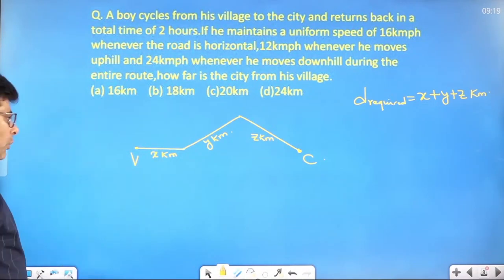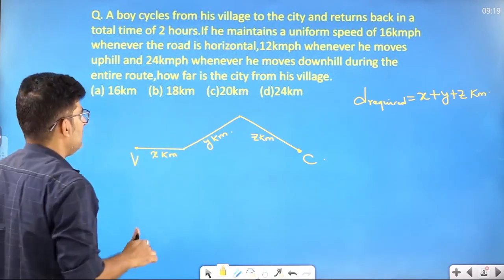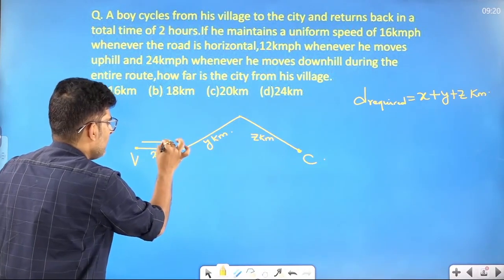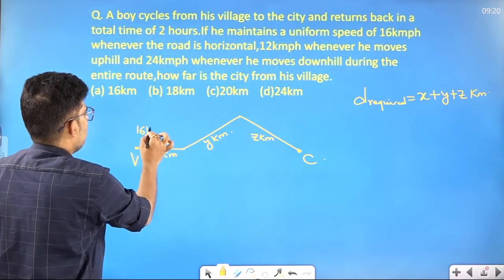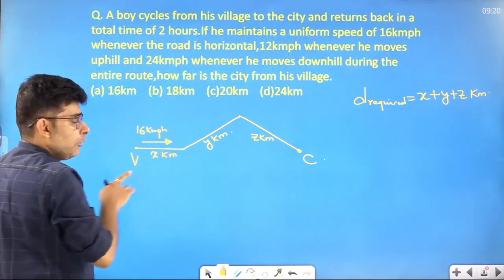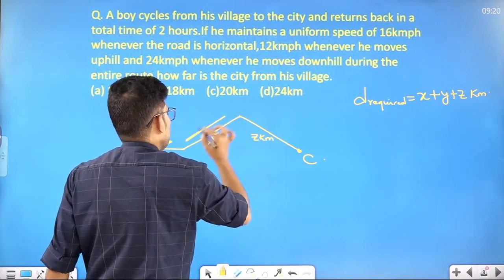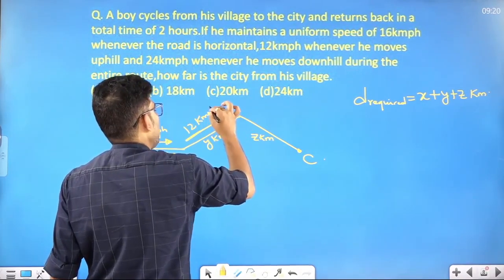So now what happens when you have x, y and z? Now just see, while going to the city, you are maintaining a speed of how much? They have given it is 16 kmph. When you are going uphill, this road is uphill, you are maintaining a speed of 12 km per hour. I am drawing the diagram.